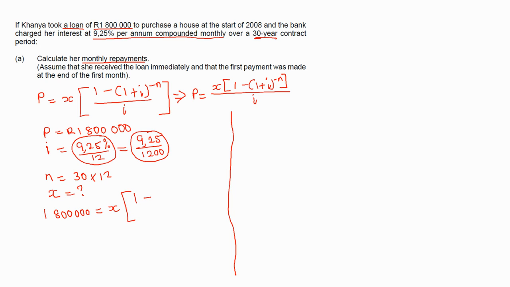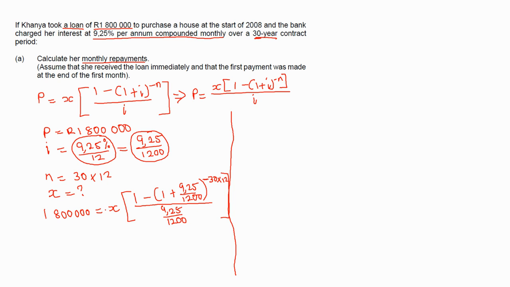It's going to be 1 minus (1 plus 9.25 over 1200) to the power n. n is going to be negative 30 times 12, and then all this over 9.25 divided by 1200. You see that? And then we have this.